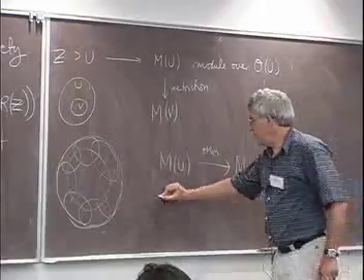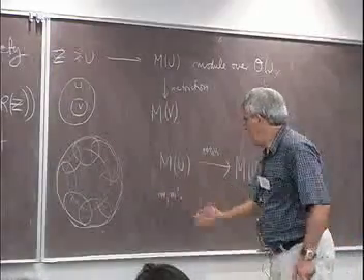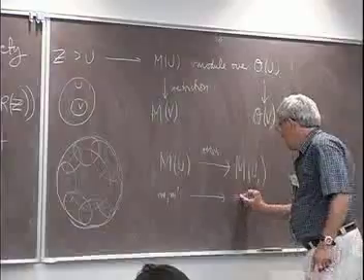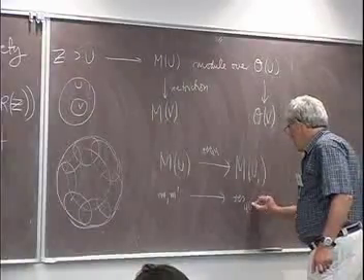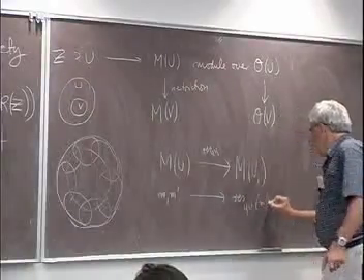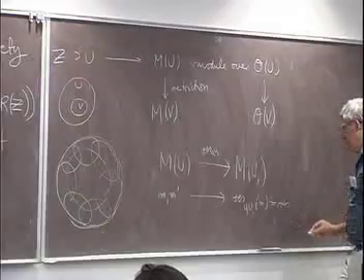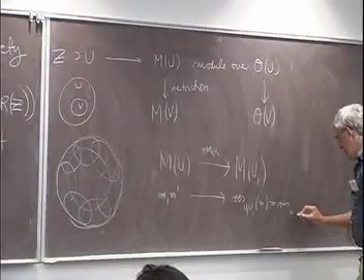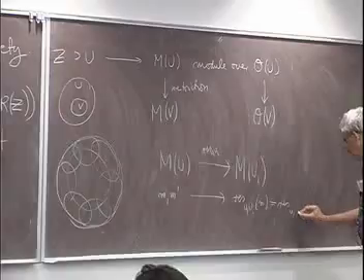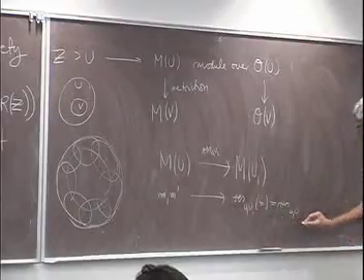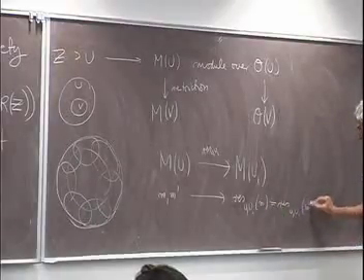Let's assume that I have m and m prime such that the restrictions from U to U_i of m are the same as the restrictions to U_i of m prime.